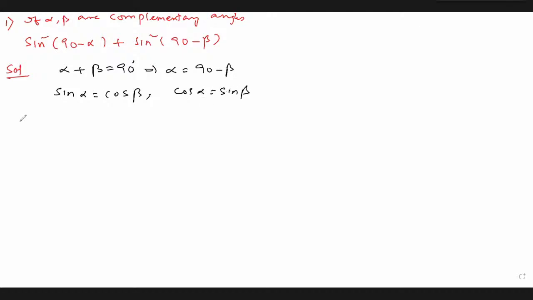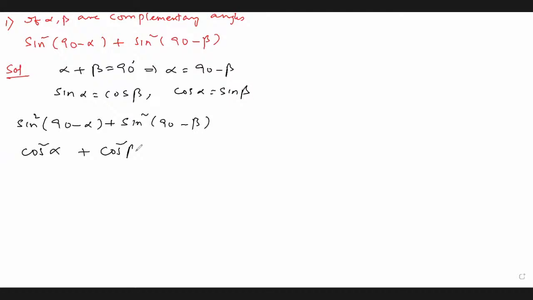At that time, this is the question: sine square 90 minus alpha plus sine square 90 minus beta. Sine 90 minus theta is equal to cos theta, means it becomes cos square alpha plus cos square beta.